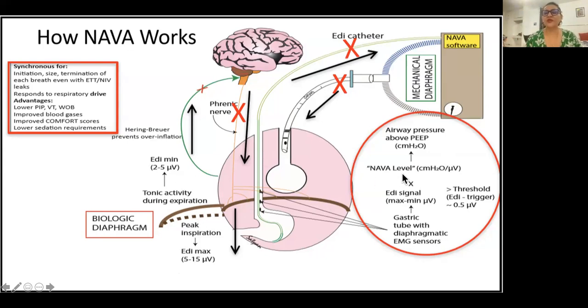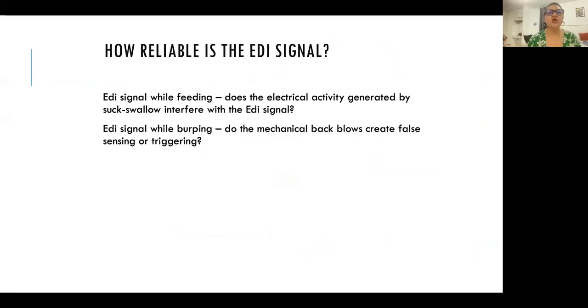And we keep the NAVA level to tell how much pressure the ventilator should be giving to the baby. Even if we increase the NAVA level, still the tidal volume is not going to go beyond a particular level, because there is a Hering-Breuer reflex which will prevent the overinflation, and which is very well working during the NAVA. We'll explain more about it.